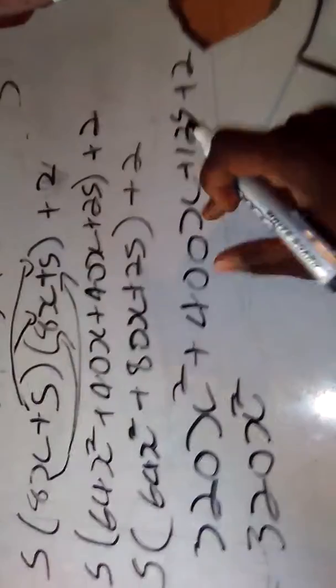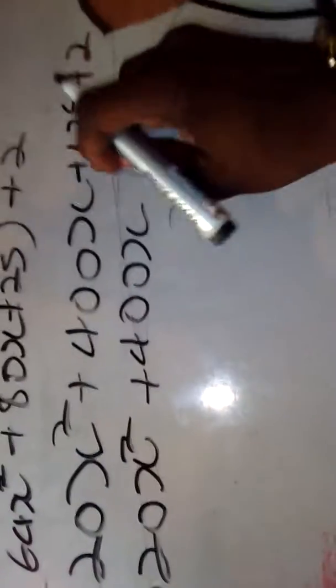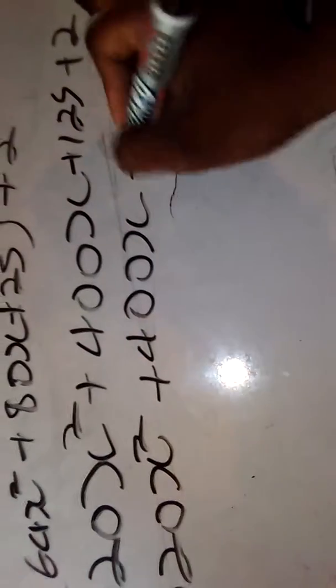Then we get this long expression here, so we can finally simplify. We have the 320x squared, and there's no other x squared term to add to it, so we just put it back, and the 400x. Then we have 125 plus 2. We can add these. 125 plus 2 is 127.